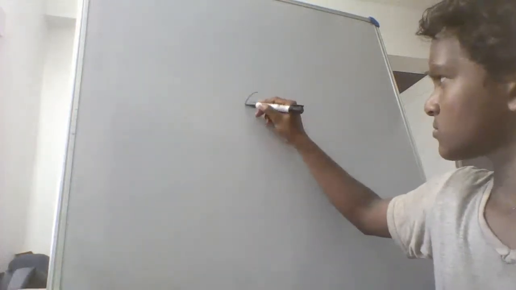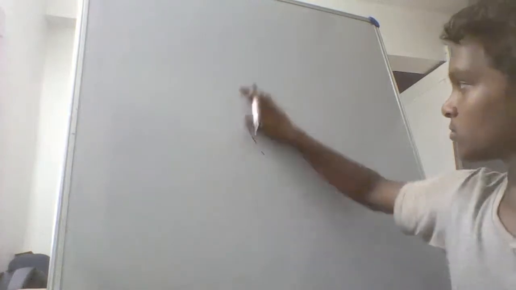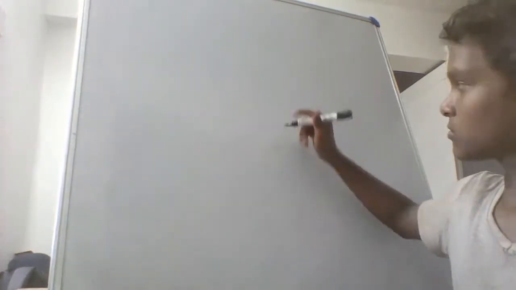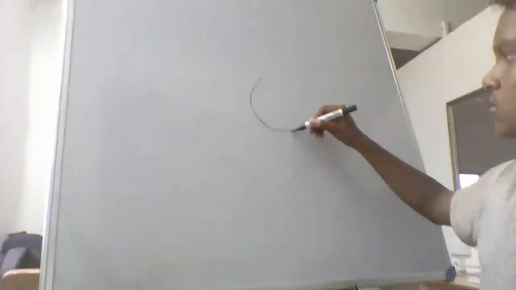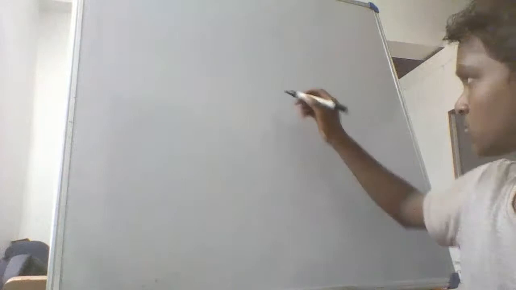Please draw a circle and draw whatever is mentioned here, the diagonals of the cyclic quadrilateral. Please look at the board carefully. As you are seeing here, this is now a circle.